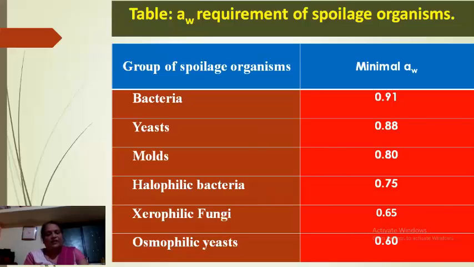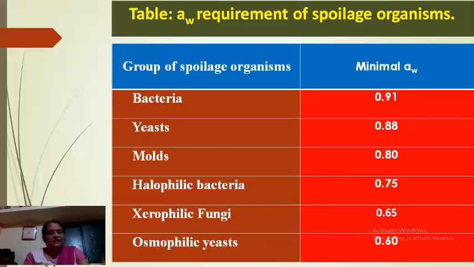Now, what is halophilic? Halophilic organisms are salt-loving organisms. So when they are tolerating salt concentration, that means they can grow at lower water activity because salt is binding the water and they are growing in high salt concentration. Xerophilic organisms are growing in dried conditions.